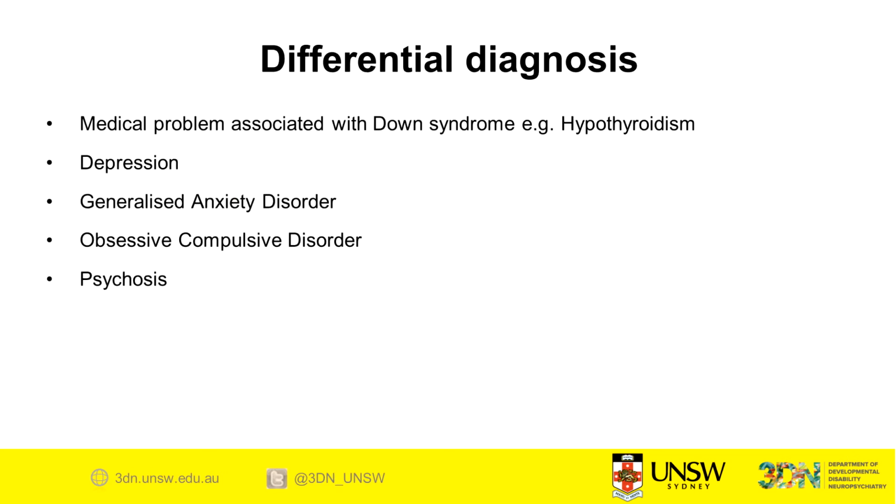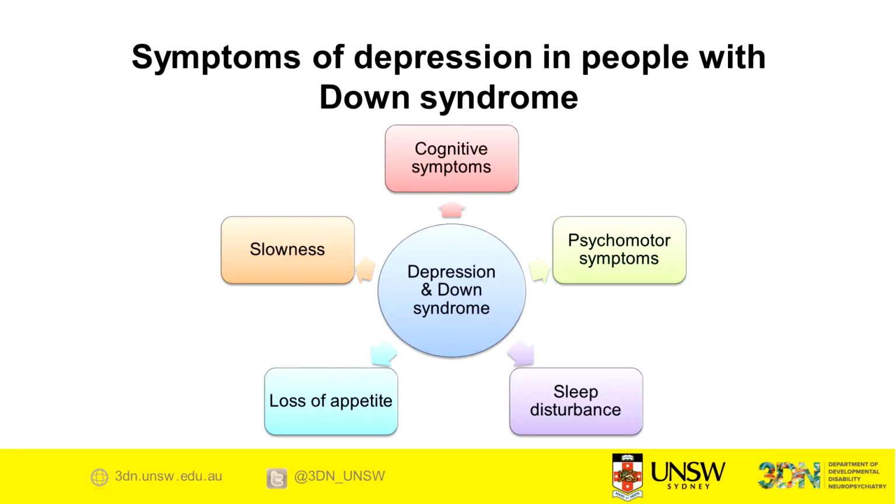So the differential diagnosis was, is there a medical problem such as hypothyroidism associated with Down syndrome? Is it depression? Very common in Down syndrome. Generalized anxiety or obsessive compulsive disorder, or perhaps a psychosis not otherwise specified. Depression in Down syndrome differs from the general population.